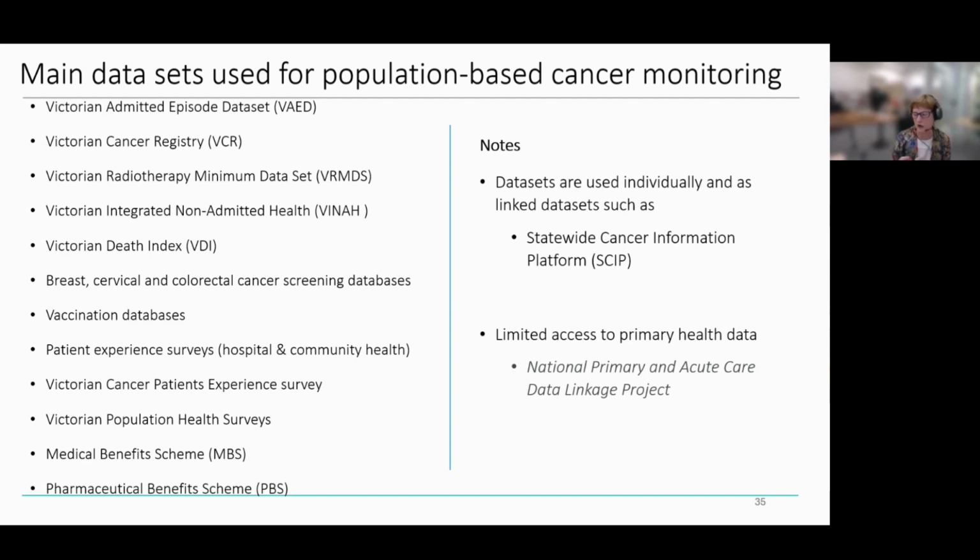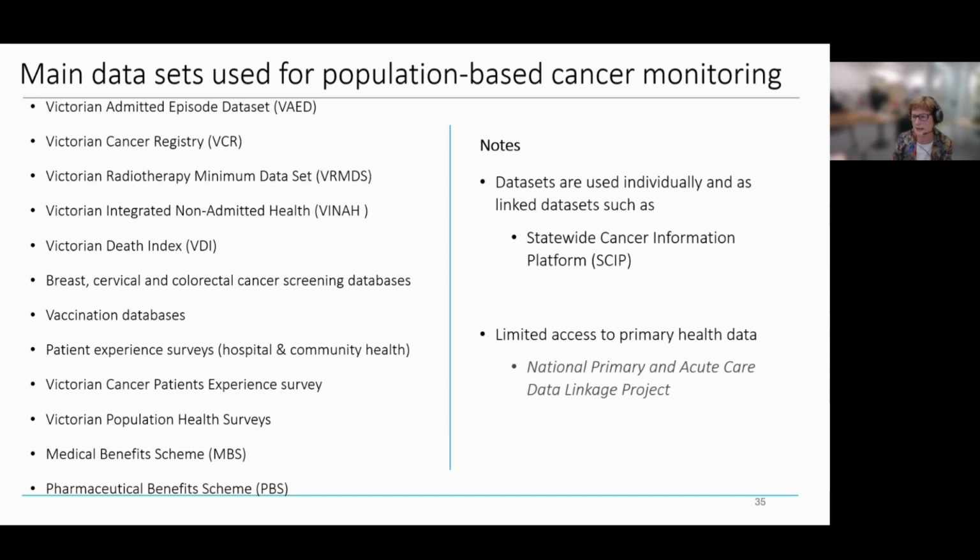And importantly, it uses some linked databases, which again is a very important way that we can aggregate information around individual patients and the impact of individual services through a program logic approach. However, what is widely discussed and acknowledged is there's limited access to primary healthcare data. And within that framework, there's very little primary healthcare data.